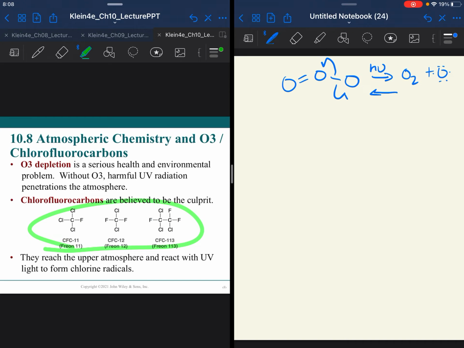And when these light chlorofluoroalkanes reach the upper atmosphere, they also react with UV, but they produce chlorine radicals. So CFCs, when they are absorbing that same UV radiation that the ozone does, produce chlorine radicals.